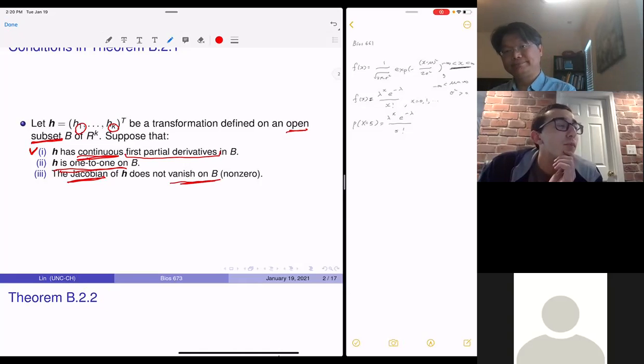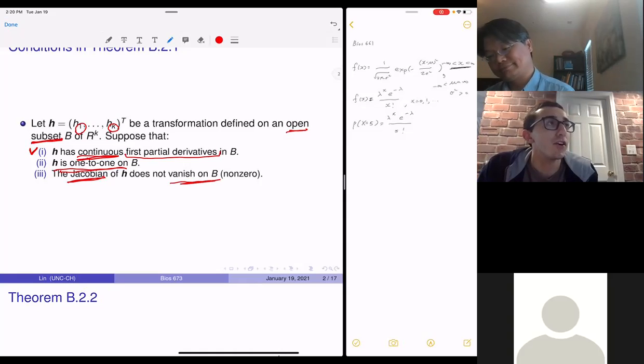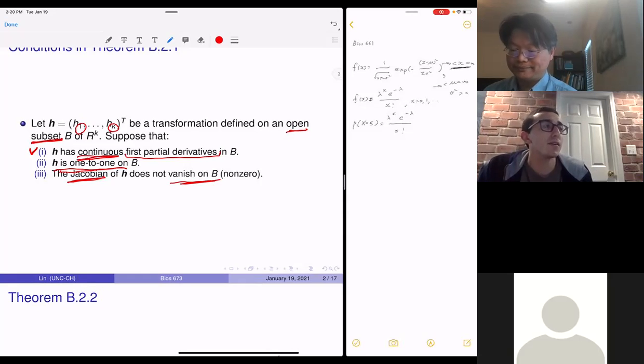When you write h equals h1 to hk, is it a function from R to R^k? Yep. Oh no, hold on a little bit. Not necessarily. The h function is from R^k to something. It's from B. Is each h_i a function from B to R? Yeah. R^k is k-dimensional, right?